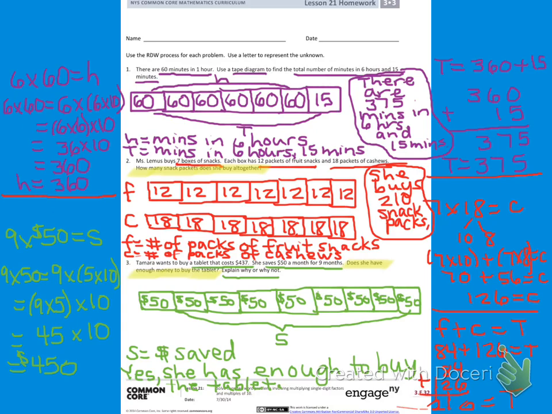You could even write over here $450 is greater than $437. That way your teacher knows how you were able to determine whether or not she had enough to buy the tablet.